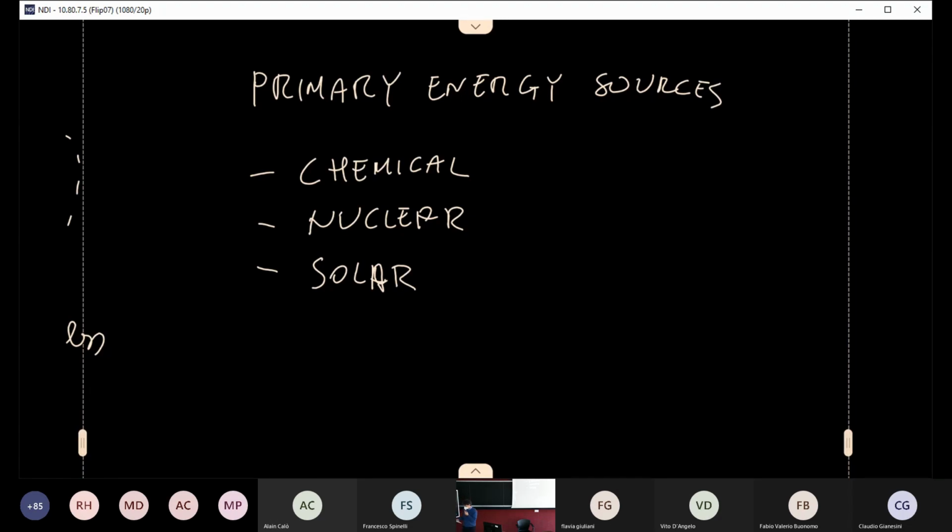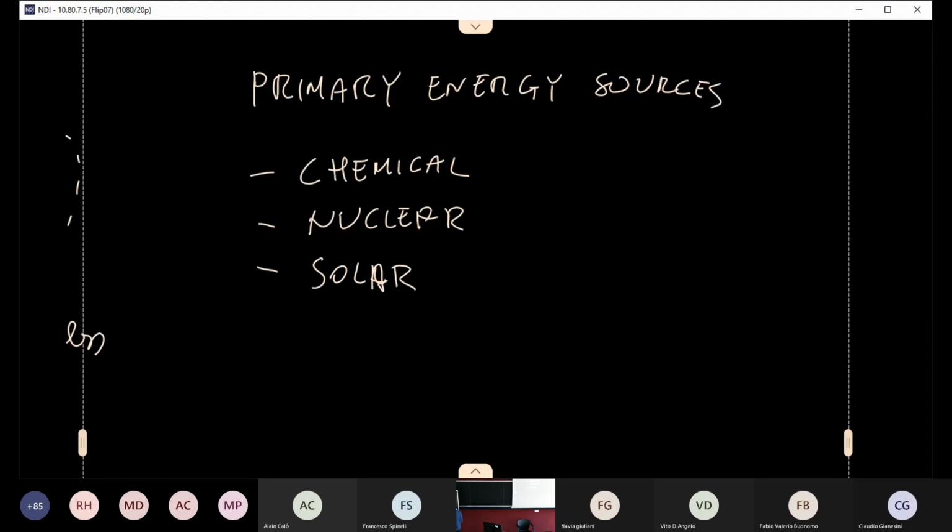Let's start with the thermal rockets, and then I will stop at I don't remember the schedule, so I should stop at 1 and then start again at 1:10.